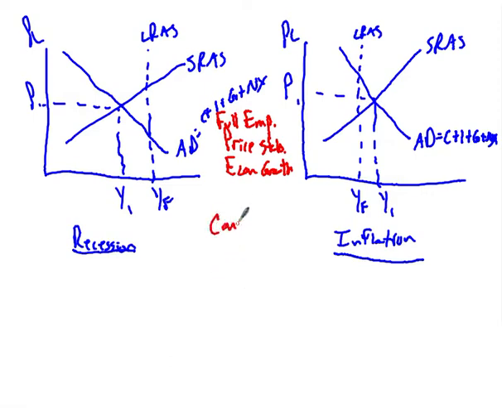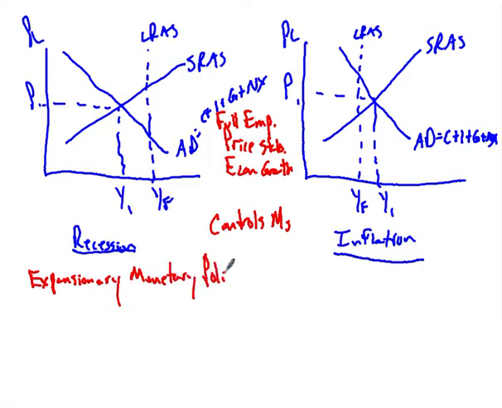Here's how they do it. If we are in a recession, make sure you write these down, they're going to want to do something called expansionary monetary policy. This is what they've been doing for a few years now.